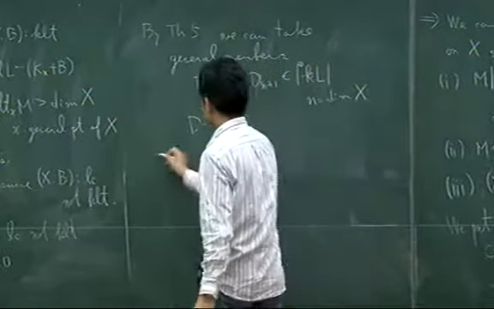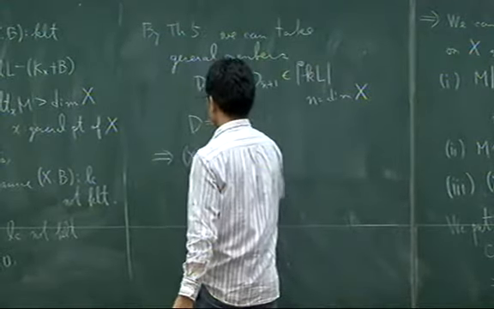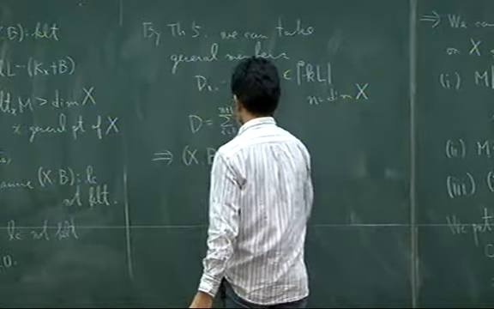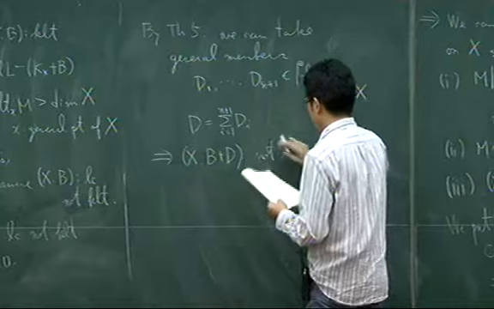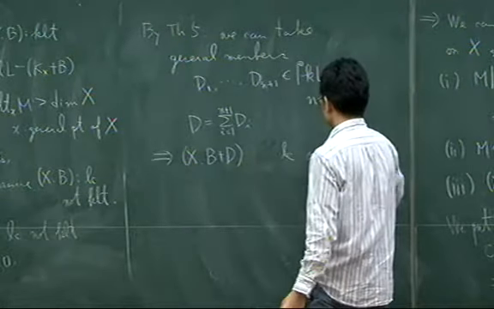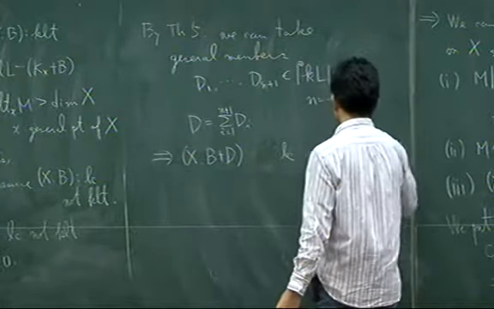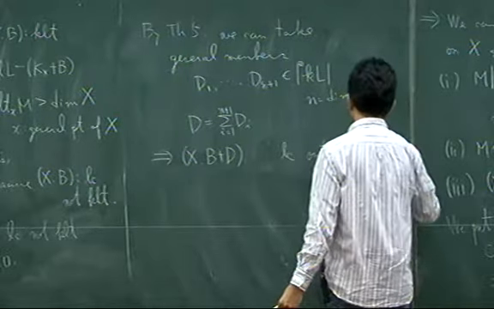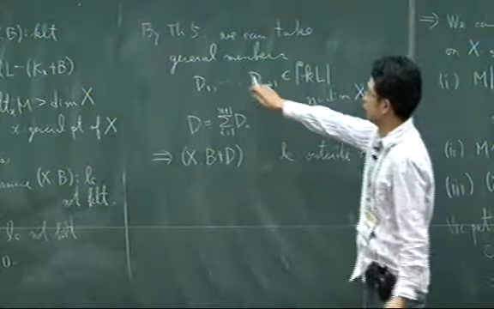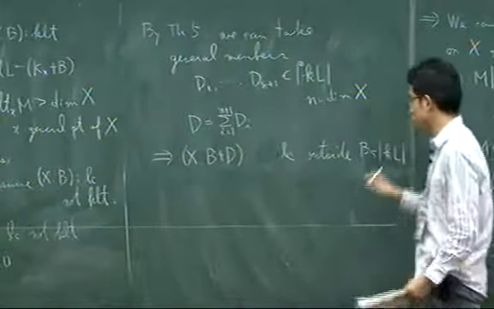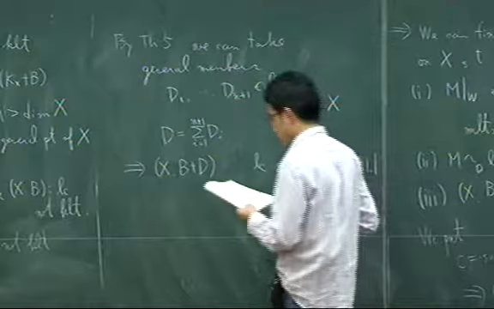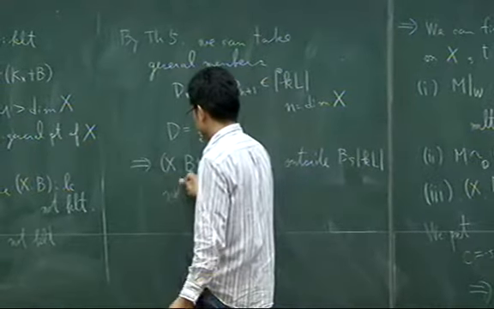Then (X, B plus D) is not log canonical. It is log canonical outside the base locus of |kL|, because we take general members.